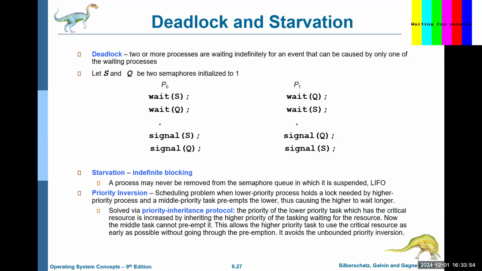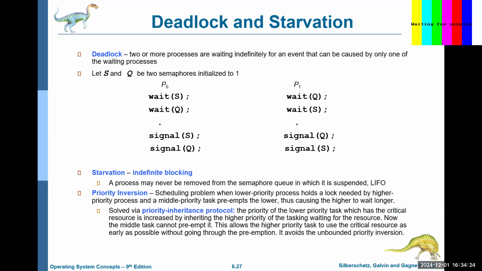But there is a solution called the priority inheritance protocol, where the priority of the lower priority task, which holds the critical section, is increased by inheriting the higher priority of the task which is waiting for the resource. If I am holding something and you're being polite and waiting for me, then I will get your priority if yours is higher than mine, so that nobody can preempt me if they can't preempt you.